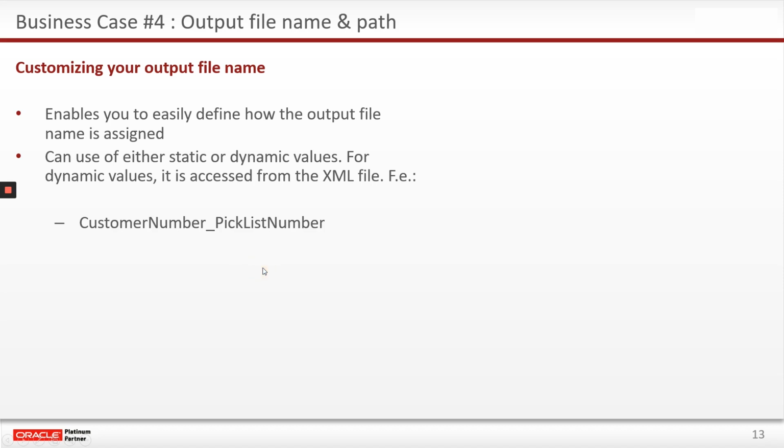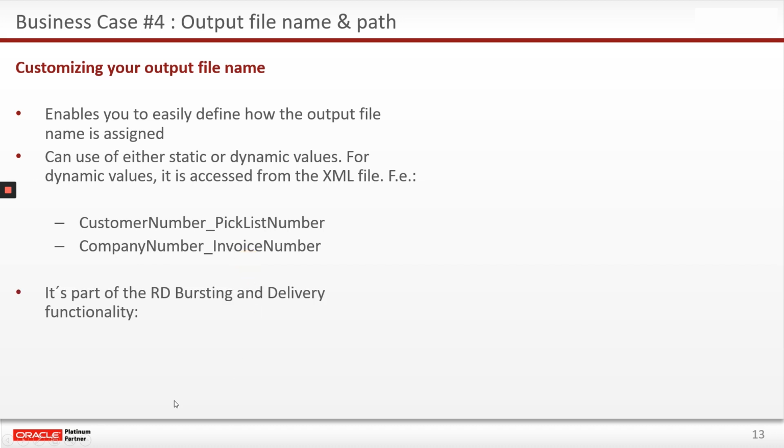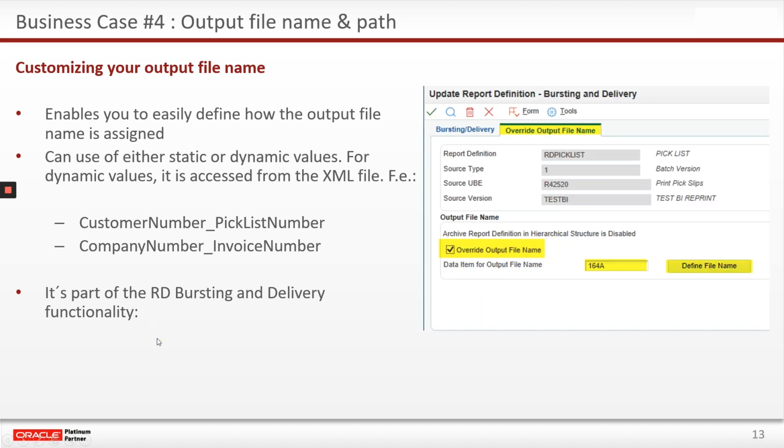For example, your output file name could be customer name underscore your pick list number, or the company number underscore the invoice number. This is part of the report definition bursting and the delivery functionality as well.